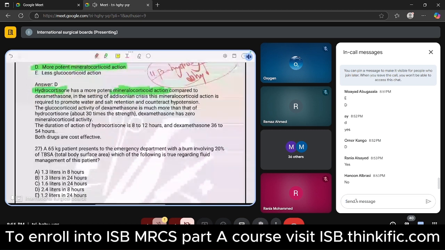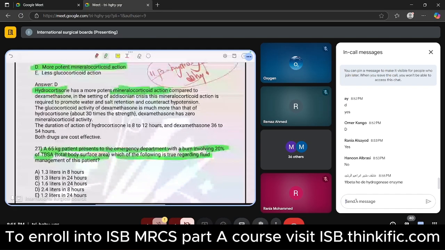Okay, let's see this question. A 65-year-old patient presents to the ED with a burn involving 20% total body surface area. Which of the following is true regarding the management of this patient? So you have to calculate his dose first. I don't have a calculator here.